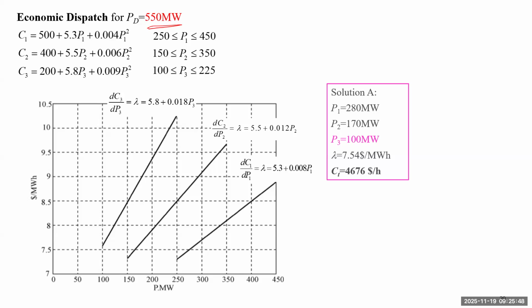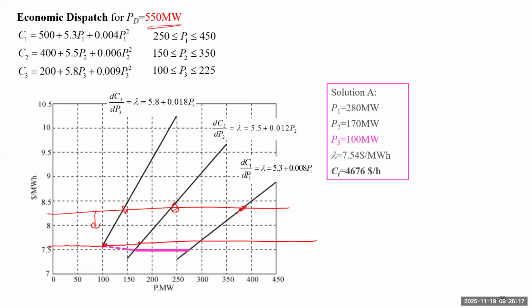To visualize this solution on the graph, you start from maybe any initial guess. So the intersection point total will be higher than 550, which means you need to move down. Then when you move down here, unit number 3, which is the most expensive unit, reaches the lower limit.